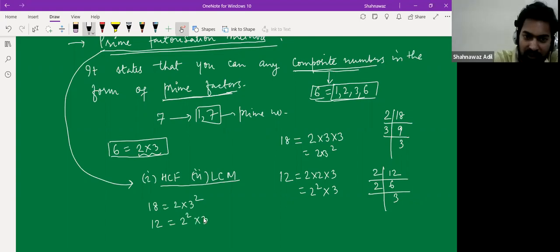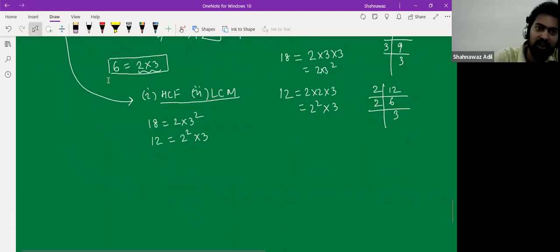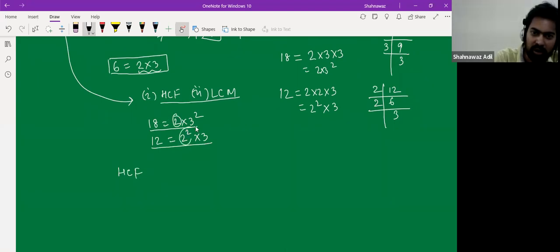So to calculate the HCF with the prime factorization method, what is common here? 2's and 3's are common, right? Yes. So 2 and 2 square. What is the lowest power of 2?